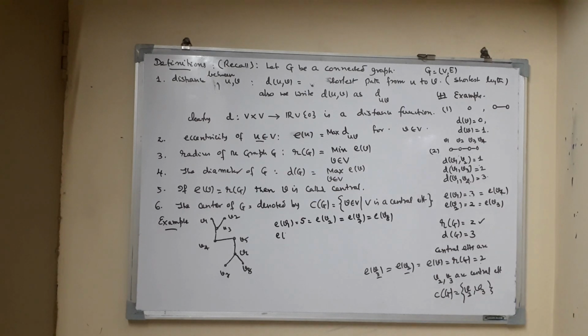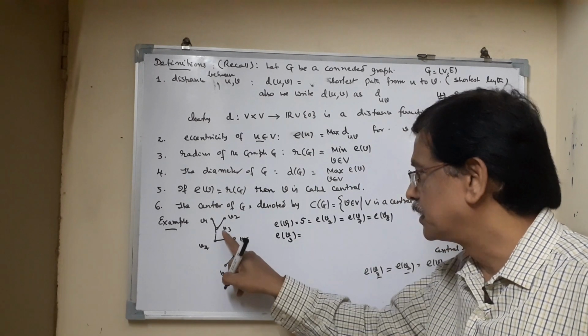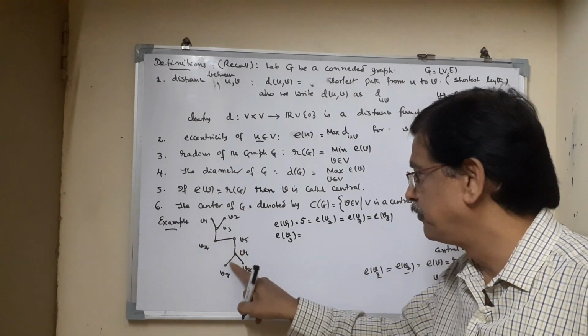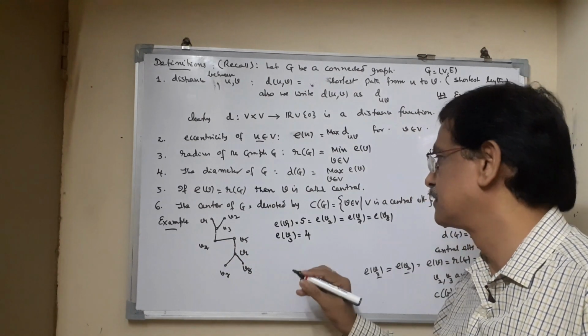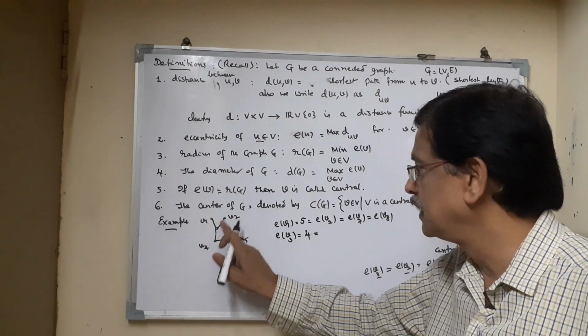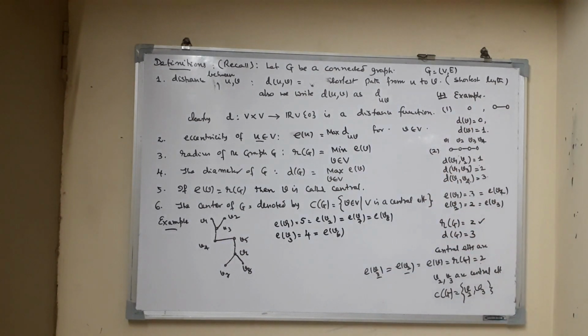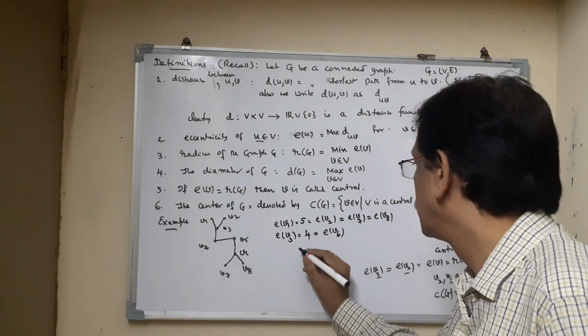Then let us evaluate EV3. Count it. So 1, 2, 3, 4 is the farthest distance. Similarly, what about V6? 1, 2, 3, 4. So EV3 and EV6 have the same length. It's 4.